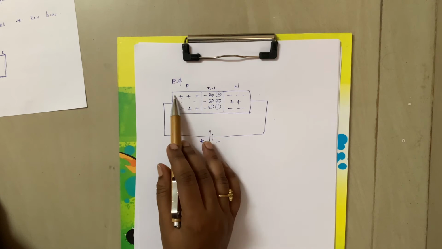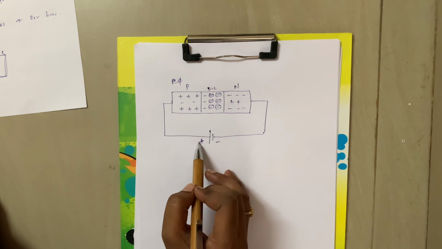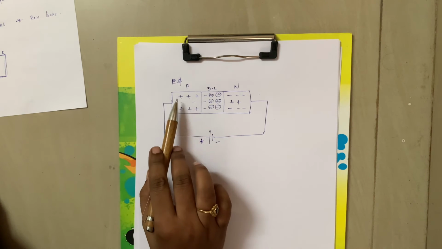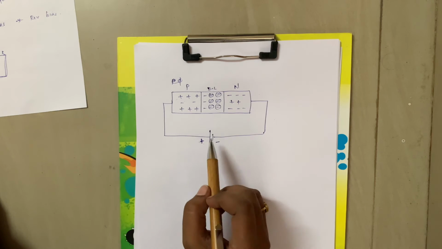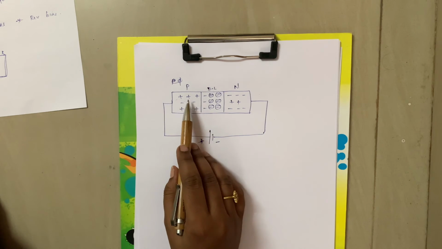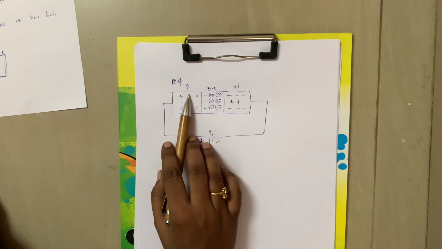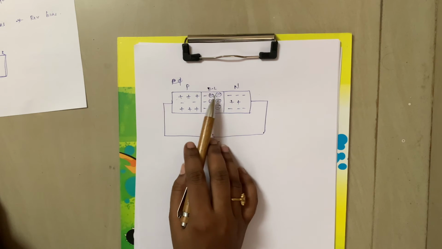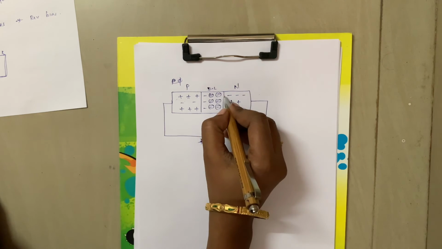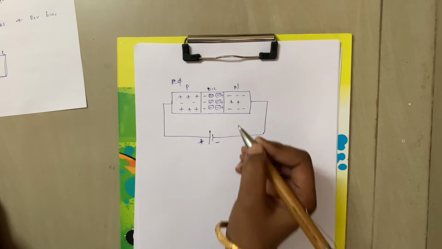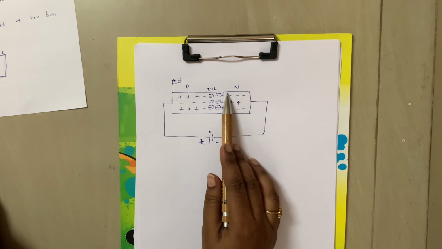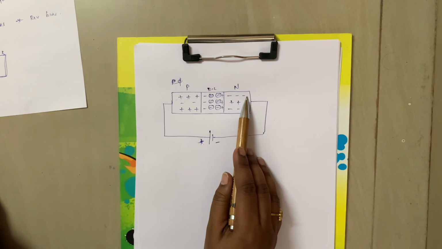Here also maximum number of holes, and here also it is positive voltage supply. So it will repel, it will move away from this voltage supply. So these holes will try to move towards the n layer, crossing the depletion region. Now here maximum number of electrons are present.